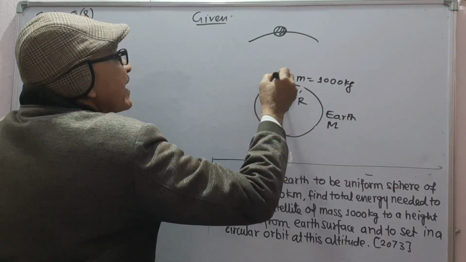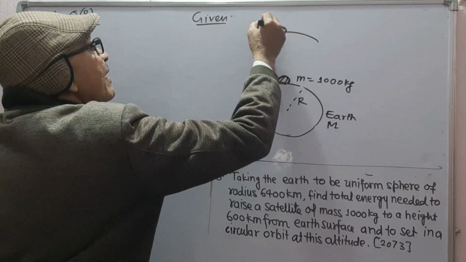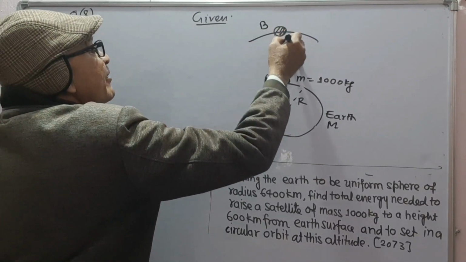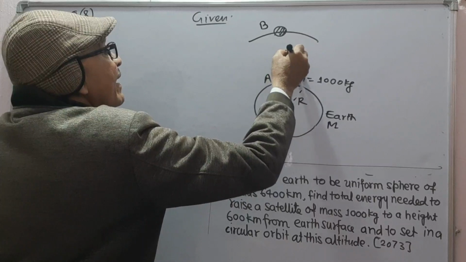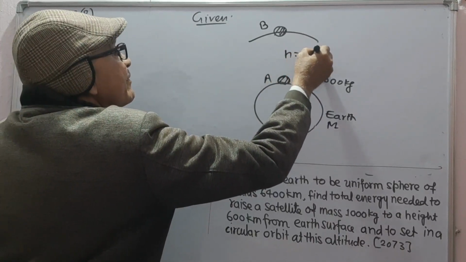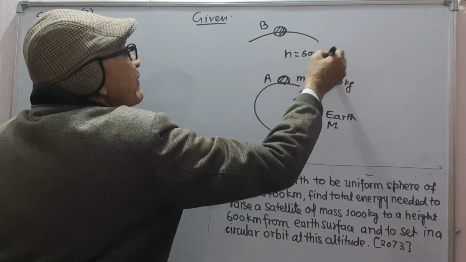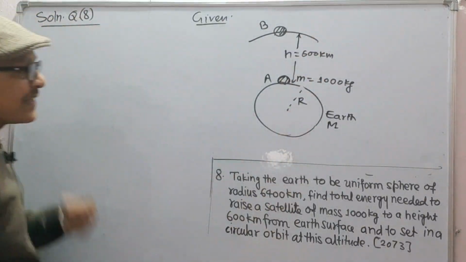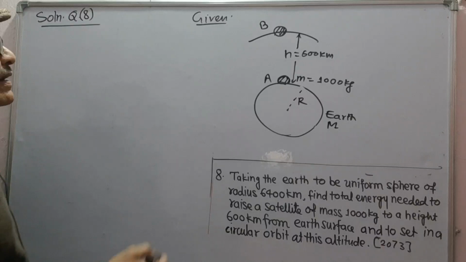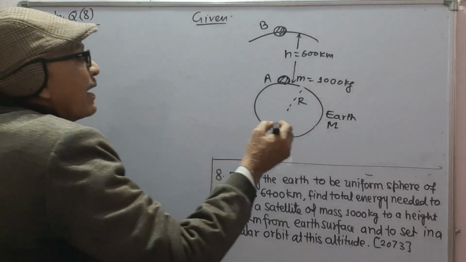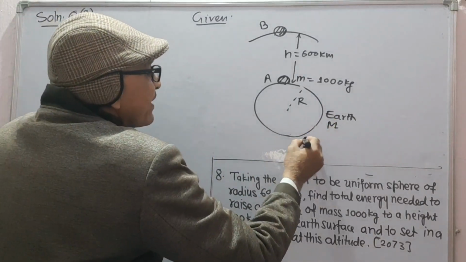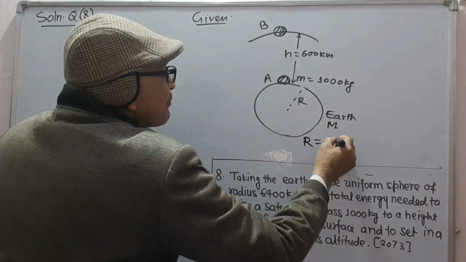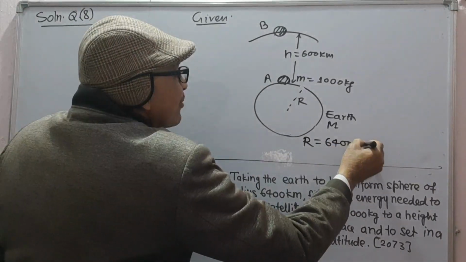from Earth's surface at point A to point B in the orbit, which is at height 600 km from Earth's surface. Height of orbit is 600 kilometers and radius of Earth is 6,400 kilometers.